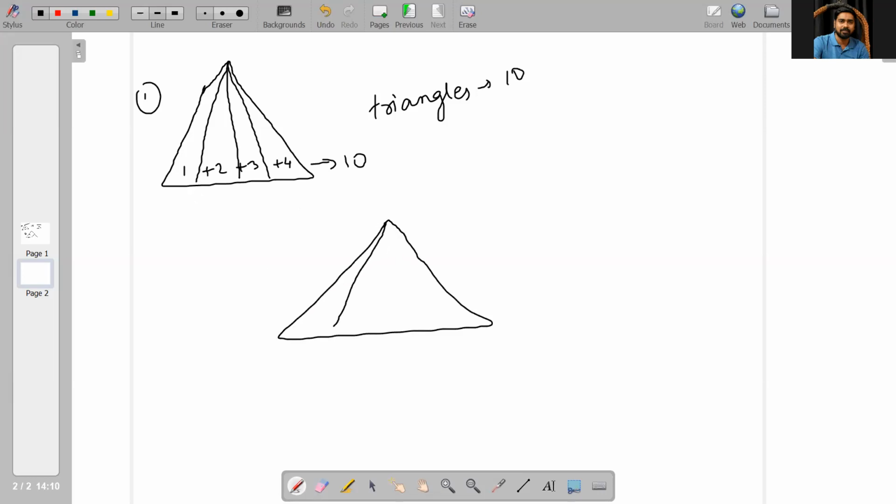The line is drawn from the vertex. What do we do? We just add it up. नीचे बेस वाले में बस ऐड करते जाना. 1 plus 2 plus 3 plus 4. Whatever you get is the answer. Okay. Clear?